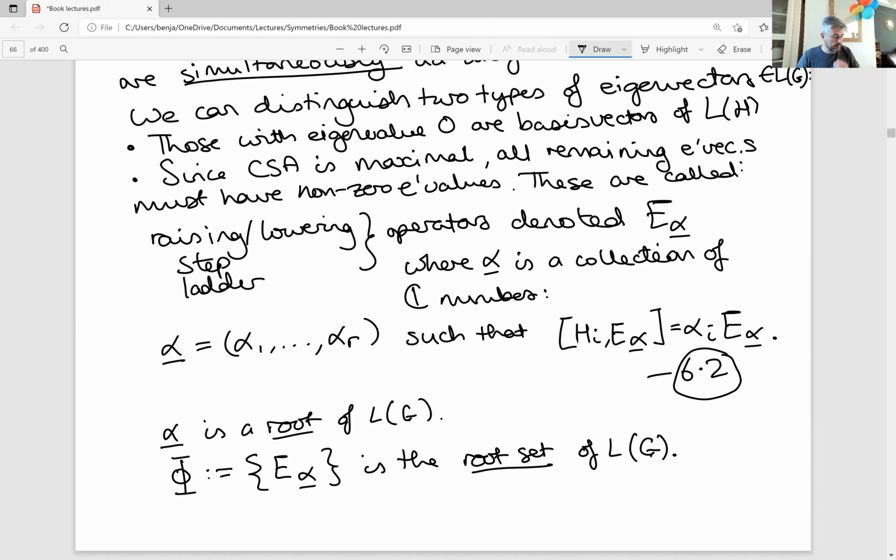Okay, so next time we'll go on to develop all of this a lot more in the Cartan-Weyl basis.